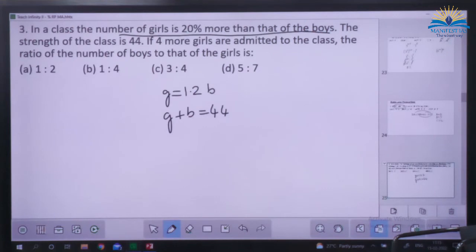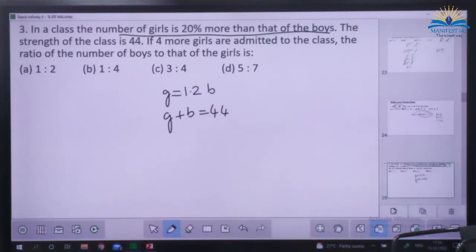When B is equal to 20, put it here. G plus B's value is equal to 44.